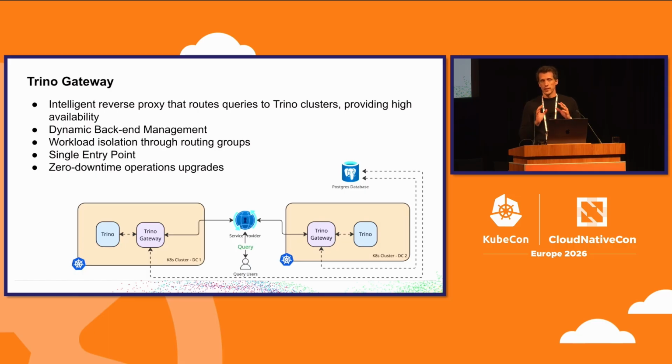It doesn't store data, it just stores configurations. The Trino Gateway is also exposed through a federated endpoint similar to the submission endpoint. Our service provider routes the request to one of the data center Trino Gateway pods. The Trino Gateway pod then intelligently routes the request to one of the Trino pods.